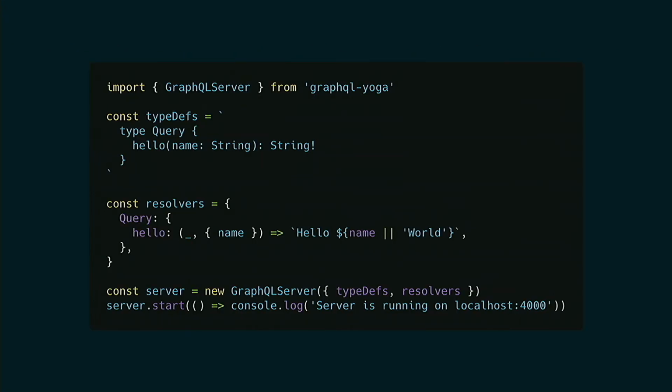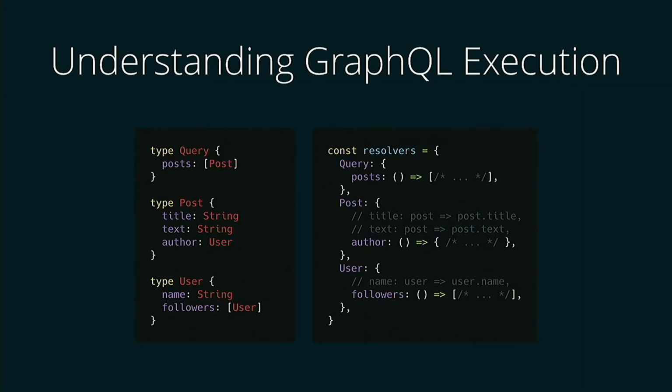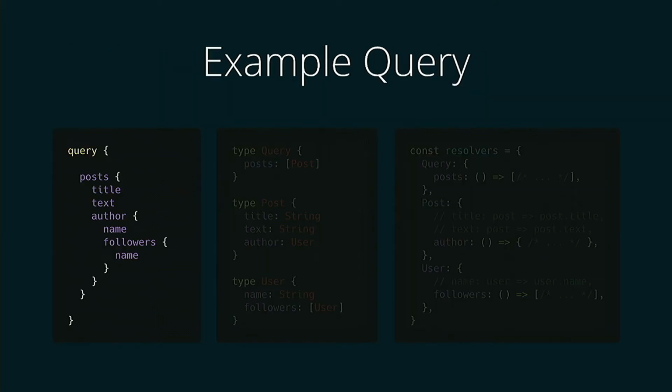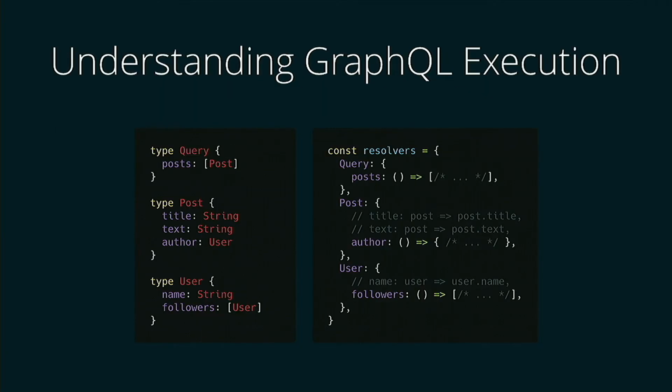In our example before, we basically just had one resolver function, but in a more advanced GraphQL server, you typically have an entire hierarchy of resolver functions, and it's the job of the GraphQL engine to call them at the right time. So let's imagine this schema here, where we have a simple blogging application with posts. A post has an author, and a user has also several followers.